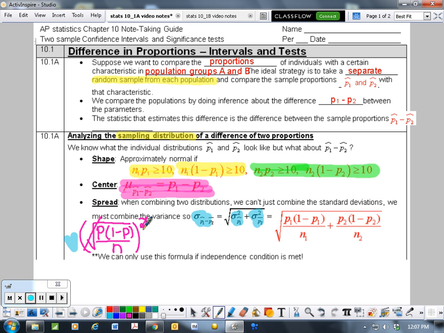This is the standard deviation squared, because the squaring got rid of my square root. So that's the variance of my first sample, and this is the one for my second one. Then we add those together, and we square root to find our new standard deviation. And again, we can only use the standard deviation formulas if we meet those independence conditions.